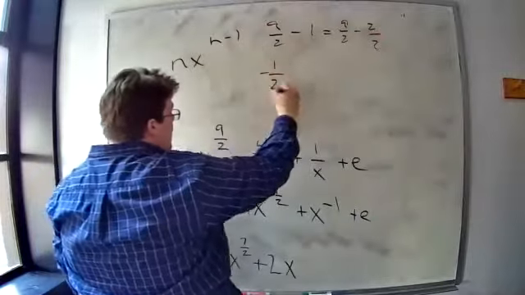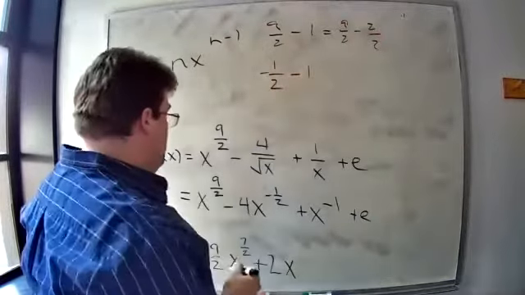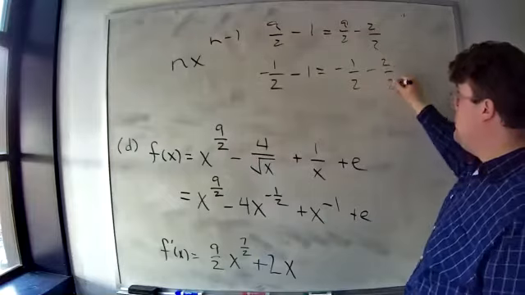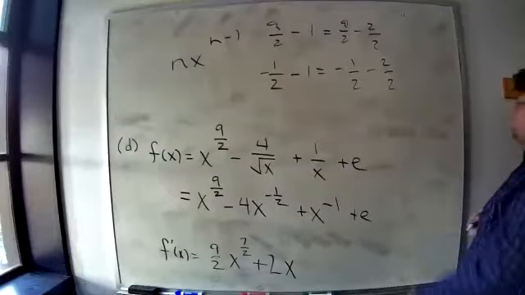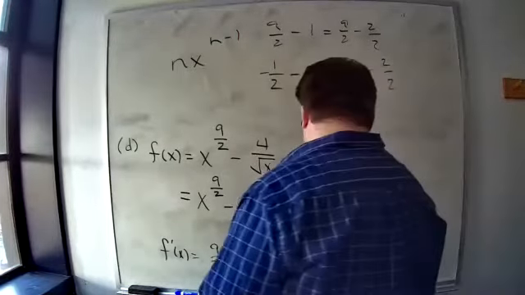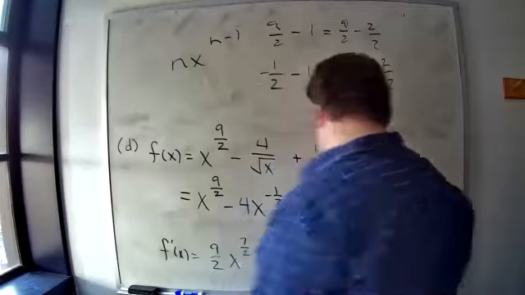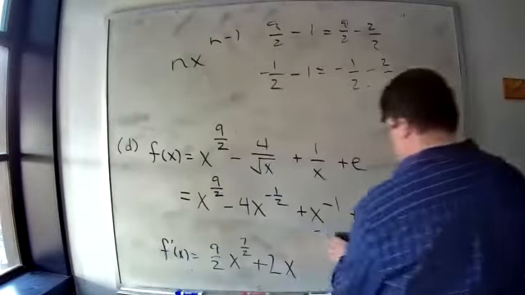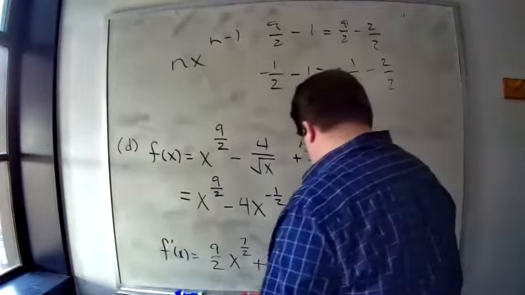What is that? -1/2 minus 2/2, -1 minus 2, gives us -3. So we get 2x to the -3/2.